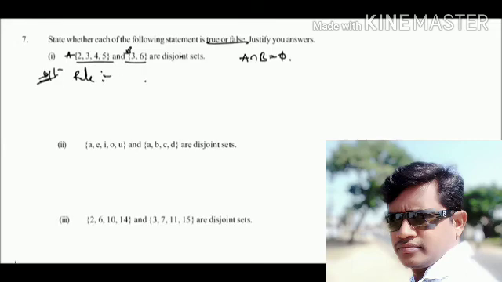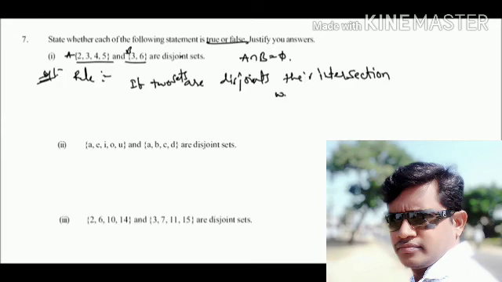The rule for disjoint sets is: if two sets are disjoint, their intersection will be the null set.